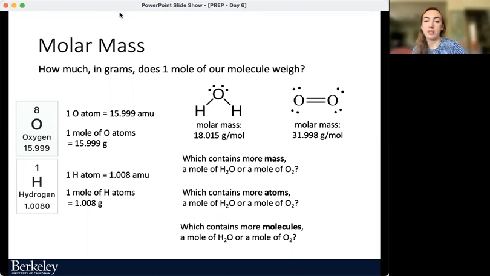So the questions are, which weighs more, 1 mole of H2O or 1 mole of oxygen? Which contains more atoms, a mole of H2O or a mole of oxygen? And which contains more total molecules?